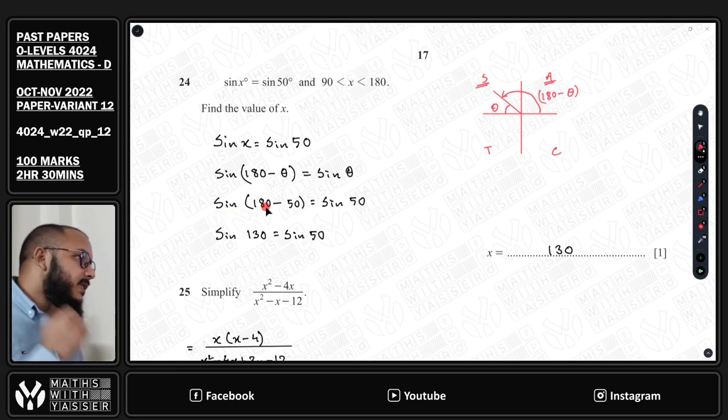So sine 180 minus 50 should also be equal to sine 50. So sine 130 is the same as sine 50. Hence the answer is 130 as x lies between 90 and 180. So the value for sine 130 is the same as the value for sine 50.